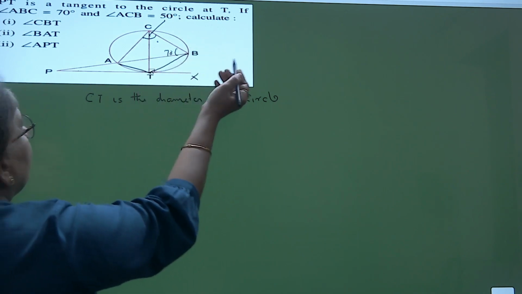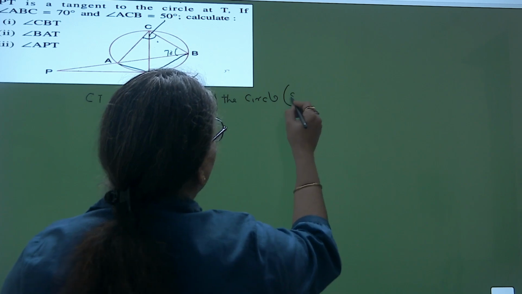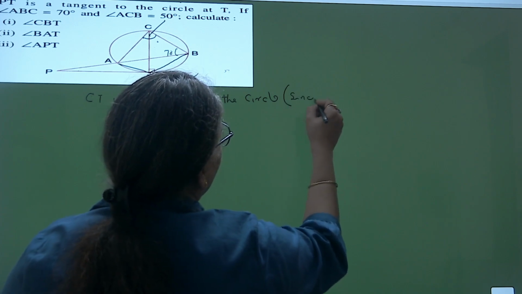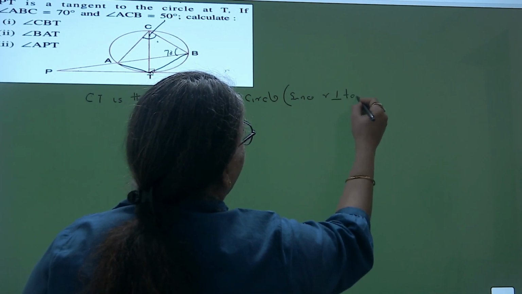So here you can write, since the radius is perpendicular to the tangent.